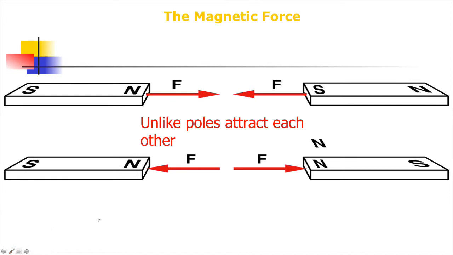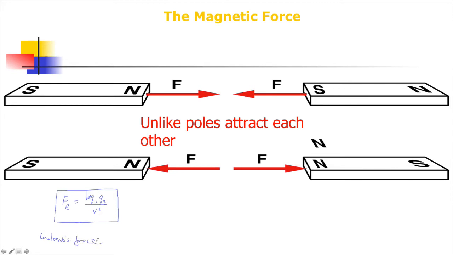It's mostly beyond the scope of this material, but if you remember, the electrostatic force between two charges was K times Q1 times Q2 divided by R squared, right? And this is the electrostatic force, or let's say Coulomb's force.